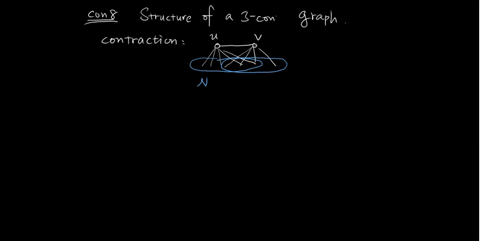So one side is the neighbor of U, the other side is the neighbor of V. Well, technically it is the neighbor of U taking out V, and the neighbor of V taking out the vertex U, right?